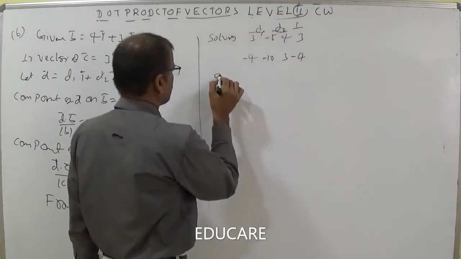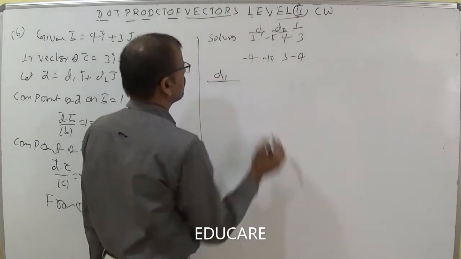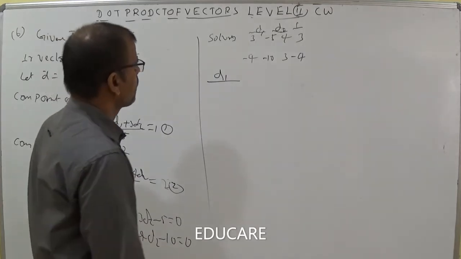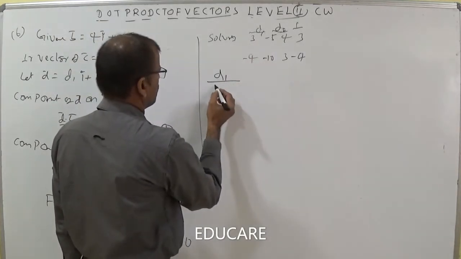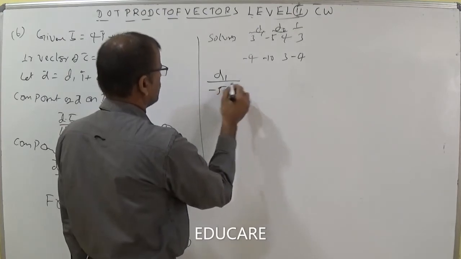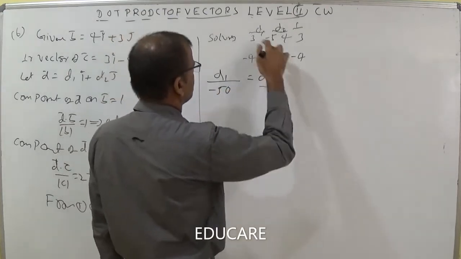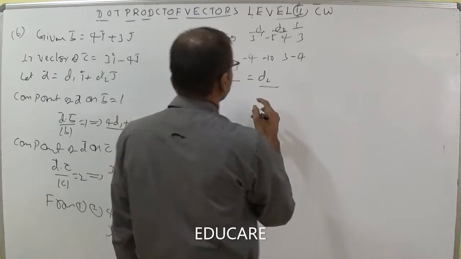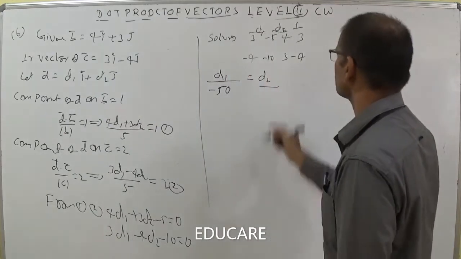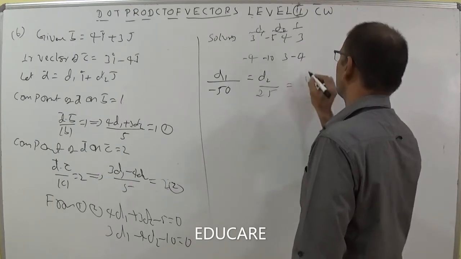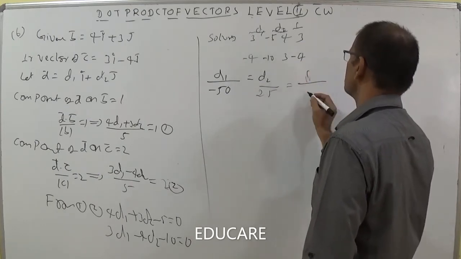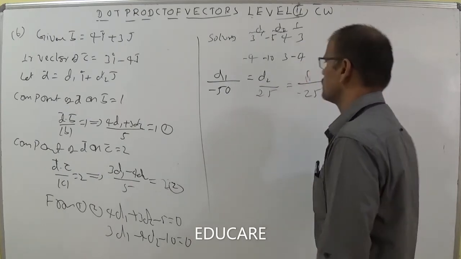So D1 by minus 30 minus 20, D2 by minus 15 plus 40, which is 25, and 1 by minus 16 minus 9, minus 25.